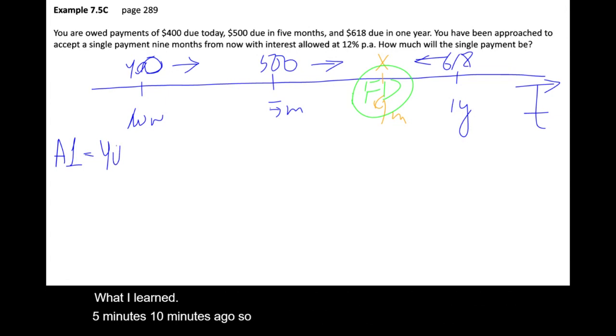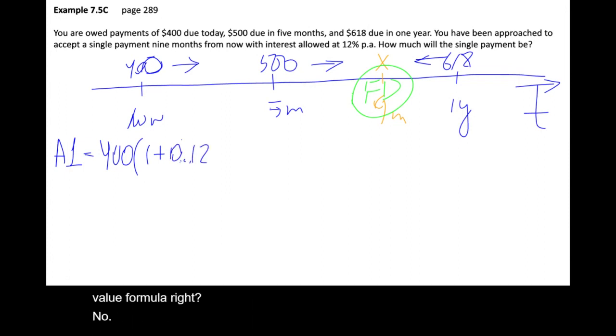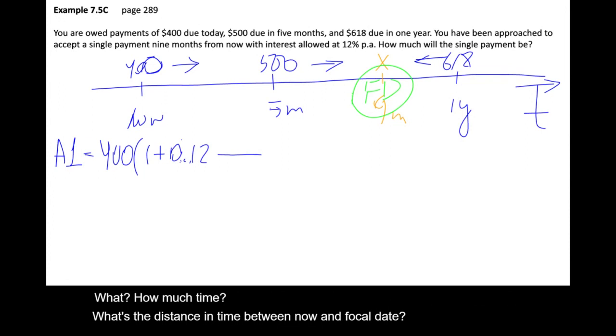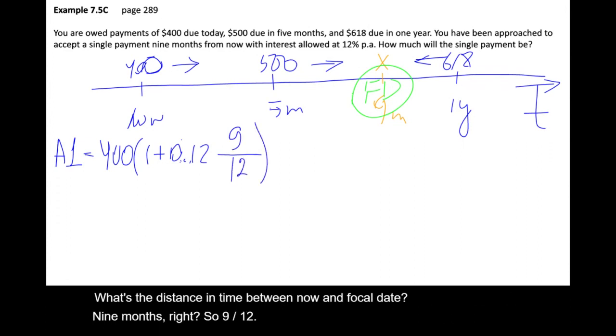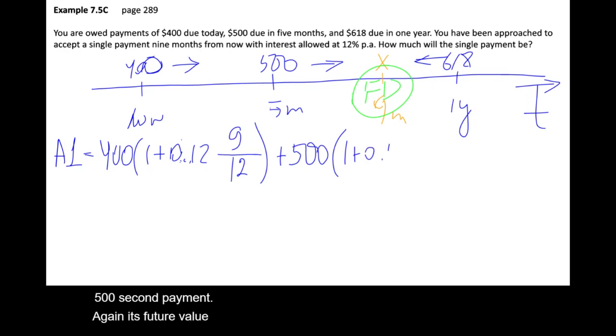Now I use the rule I learned 5 or 10 minutes ago. So 400 I move together with time, so I use the future value formula. How much time is the distance between now and the focal date? 9 months, so 9/12. Plus, the first payment is done. 500, second payment, again the future value formula.